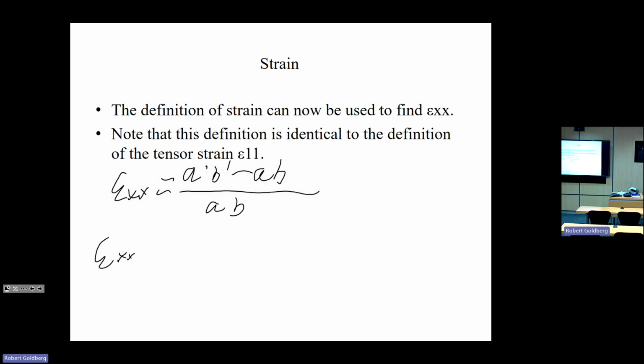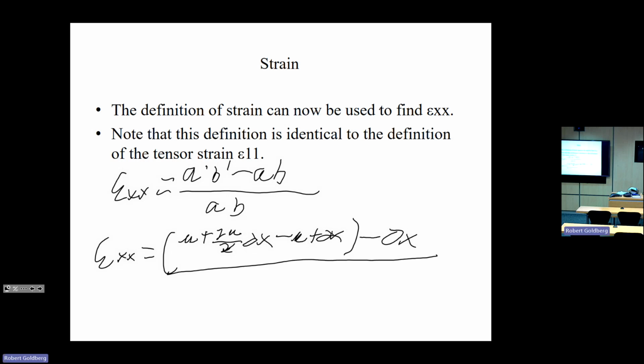So epsilon xx is equal to u plus delta u delta x minus u plus delta x, all that minus delta x, divided by the original length delta x.